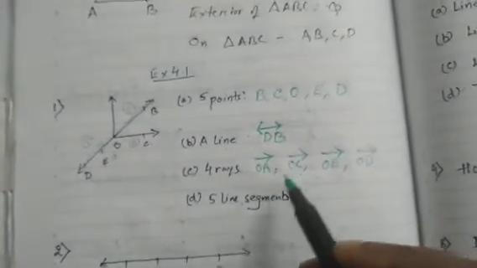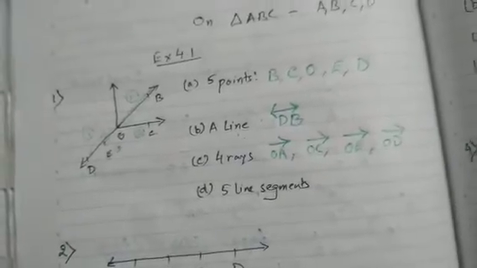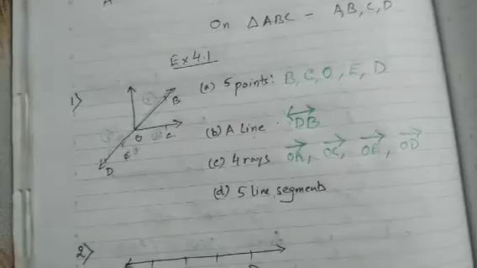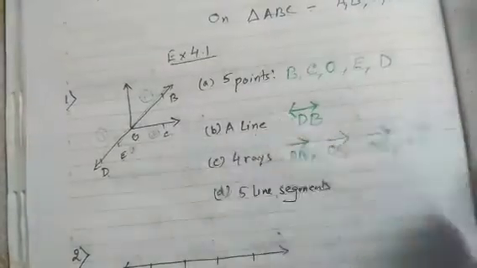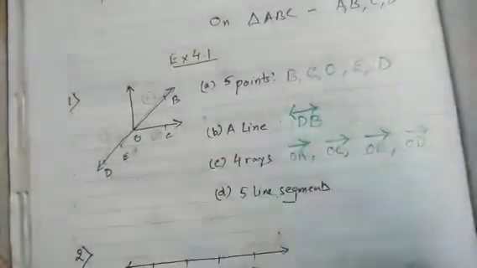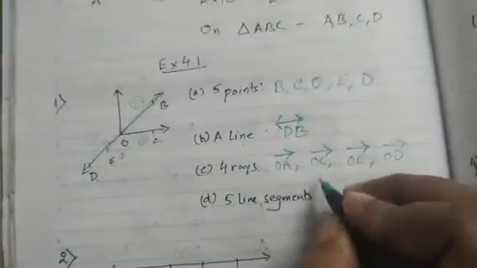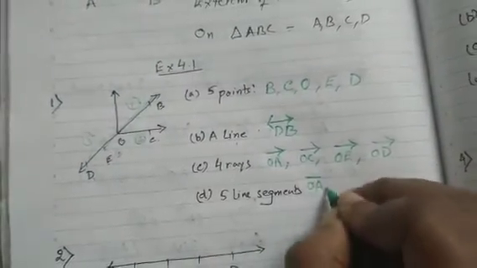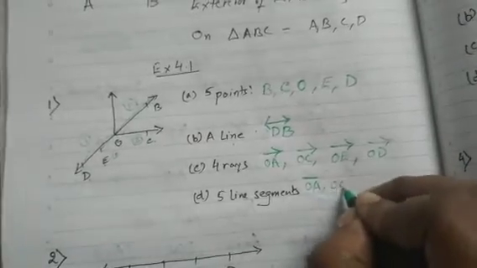Next, 5 line segments. Which are the 5 line segments? All these endpoints, if I take, make a line segment. I will also take DB as one of the line segments. So I will write OA, but I will not put any arrow, I will put it as a line segment.